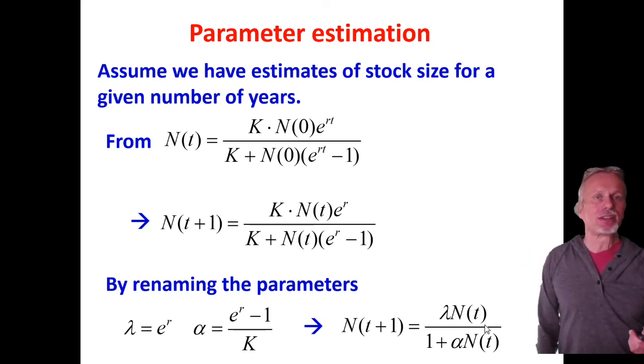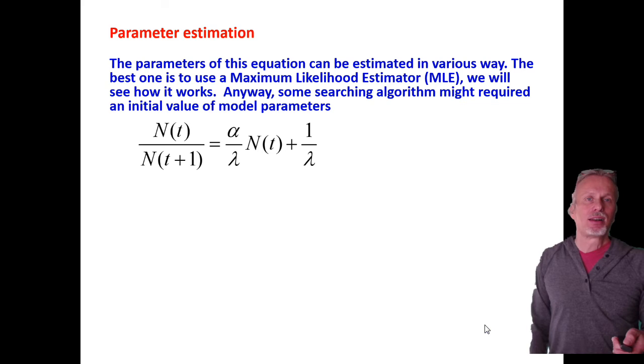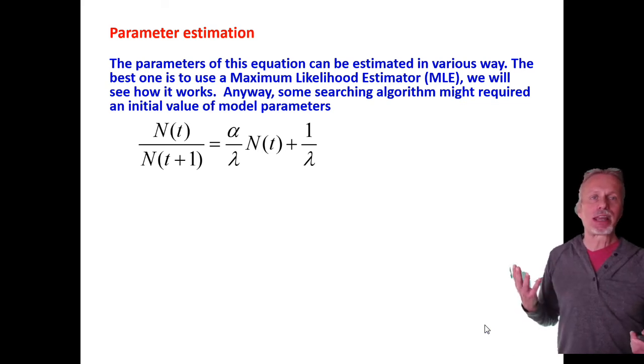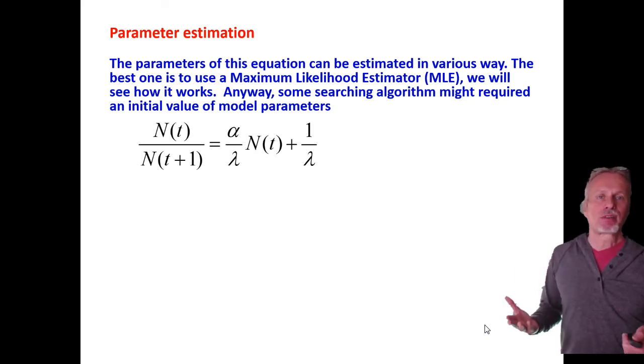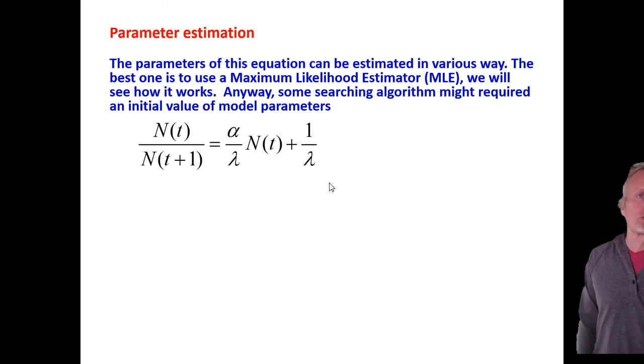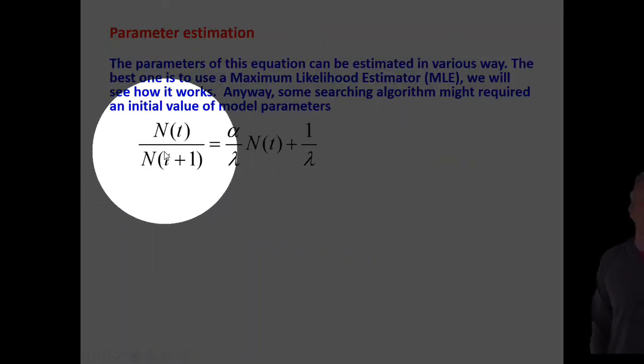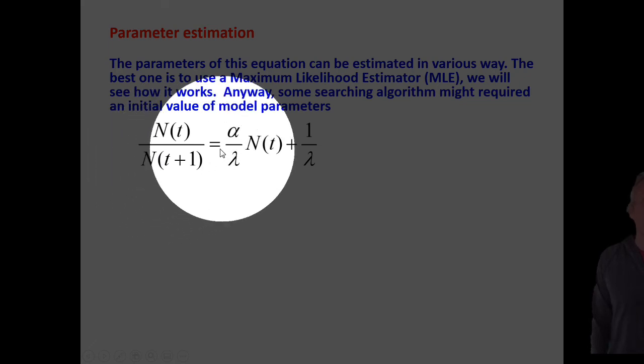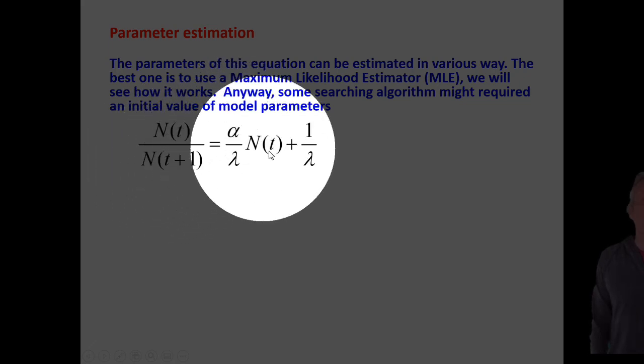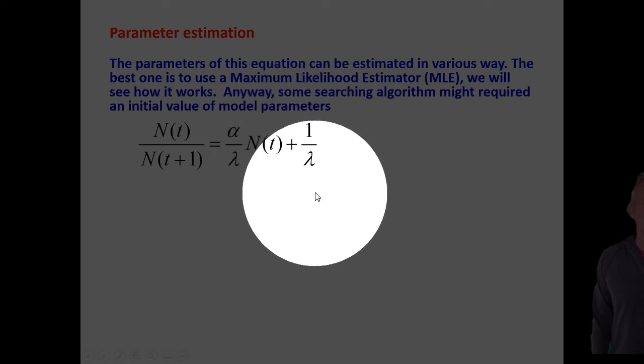Why is this relevant? Well, because we can again shuffle model parameters, for instance, to derive this type of model, in which on the left hand side we have Nt divided by Nt+1, which is equal to alpha divided by lambda times Nt plus 1 over lambda.